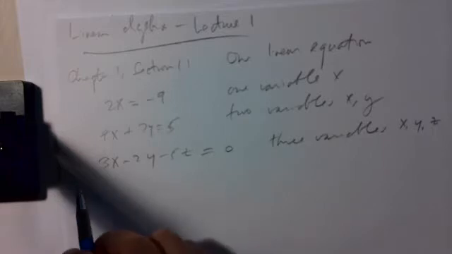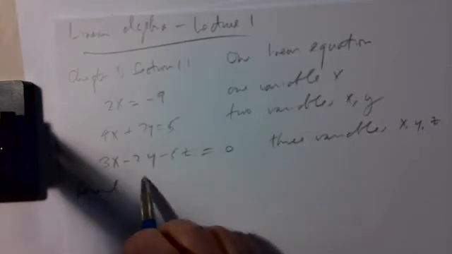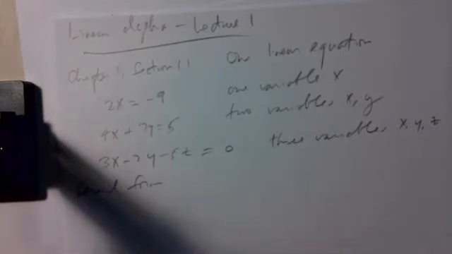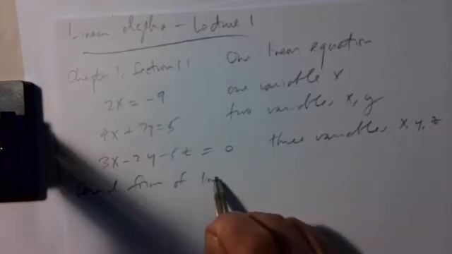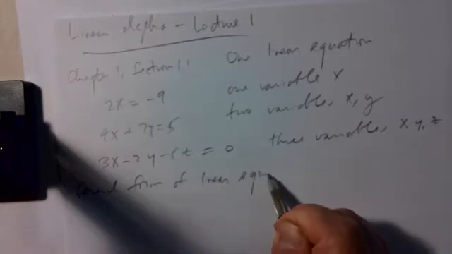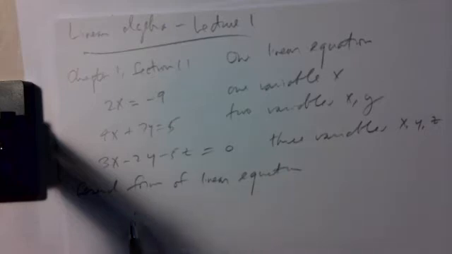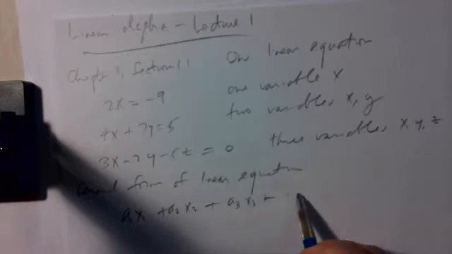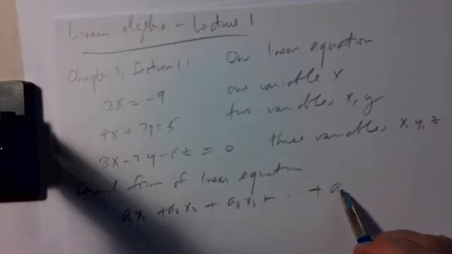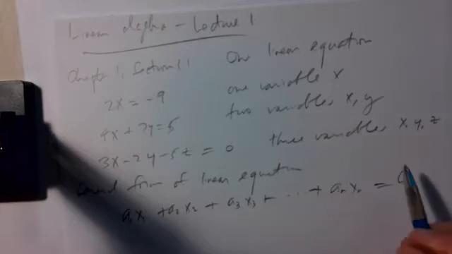So the general form of a linear equation is a1x1 plus a2x2 plus a3x3, if it has n variables, up to an xn equals b.